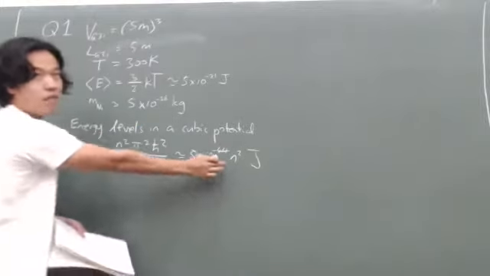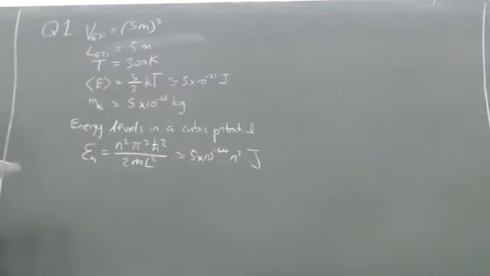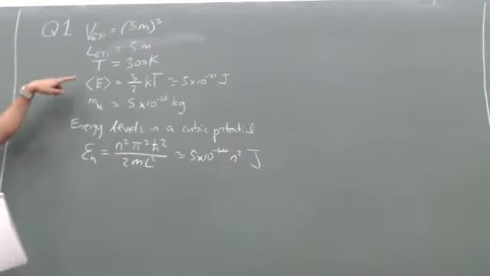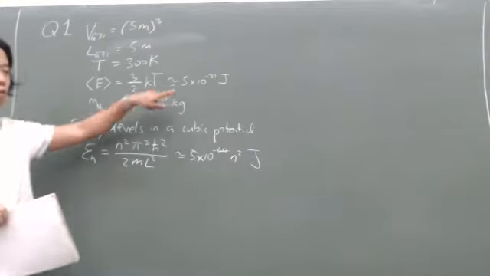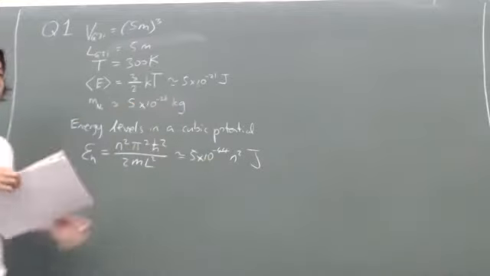So you plug in whatever energy level n you care about, and that's how much energy corresponds to that level n. Since we know the average energy in this room is about that, we want to find which n corresponds to this average energy.